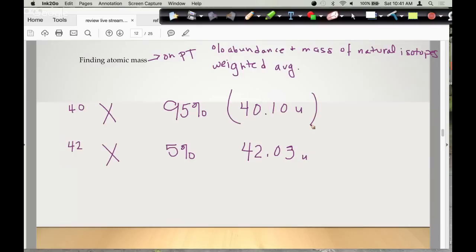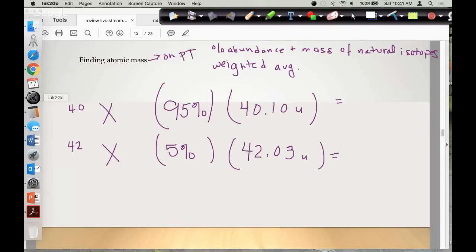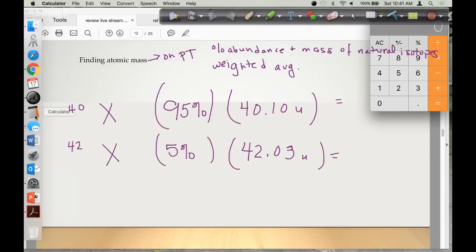We're going to take the percent times each of these and get a number. And when we get that number, we're going to write it down and we're going to add those numbers up. So I'm just going to put the calculator on the screen so I can do that.